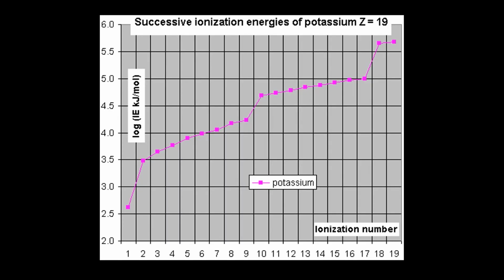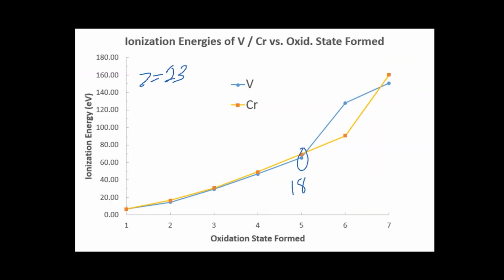For this second diagram, let's ignore that this is potassium. It's the same thing, but this one uses log because the energy numbers are bigger, so it's easier to write as log of ionization energy. So this is the big jump that we found here.